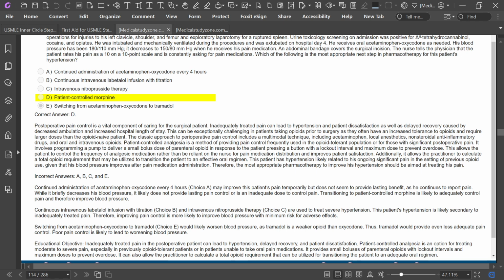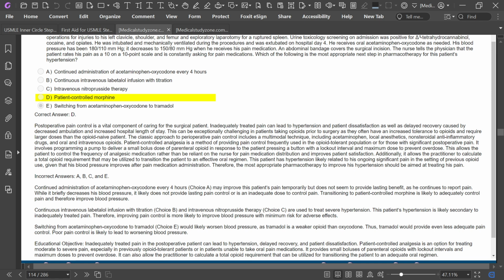The classic approach to perioperative pain control includes multimodal technique including acetaminophen, local anesthetic, non-steroidal anti-inflammatory drugs, and oral or IV opioids. Patient-controlled analgesia is a method of providing pain control frequently used in the opioid-tolerant population or for those with significant postoperative pain.